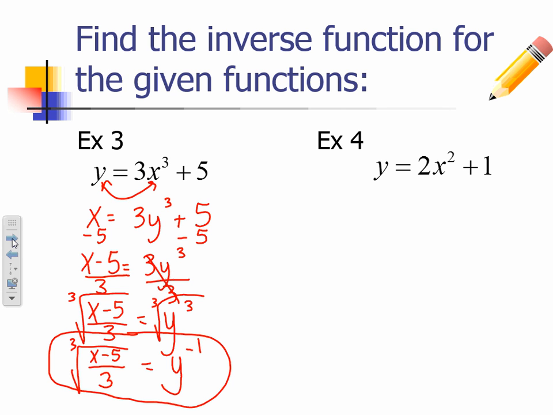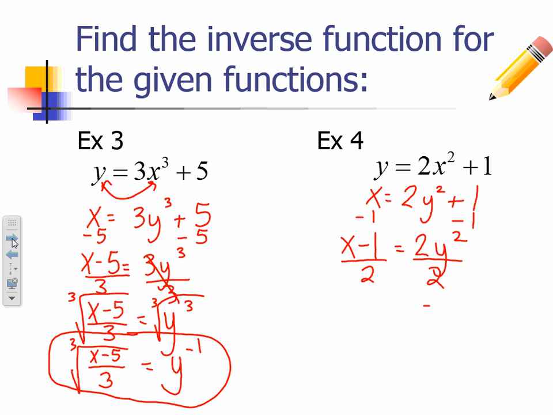And number 4, let's do the same thing. Switch the x and the y. And we'll go ahead and solve for y. Subtracting 1, x minus 1 equals 2y squared. We'll divide by the 2 that's in front to try to get the y alone. I'd end up with y squared equals (x minus 1) over 2.